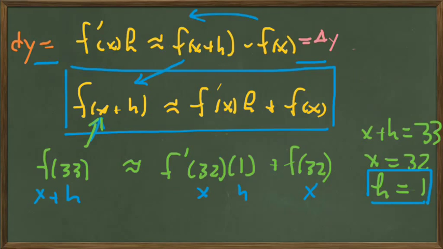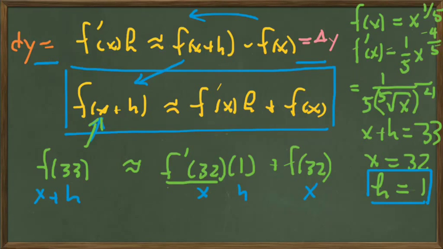Now we need to calculate our f prime of x to be able to figure out what this term is. So f of x is x to the 1/5, f prime is 1/5 x to the minus 4/5. We bring the power down and reduce the power by 1, and then we rewrite that as 1 over 5 times the 5th root of x to the 4th power.